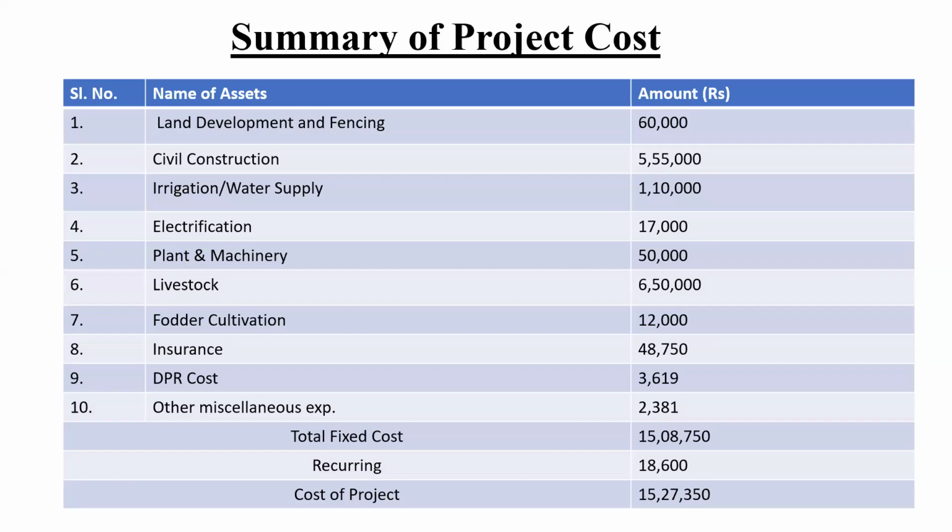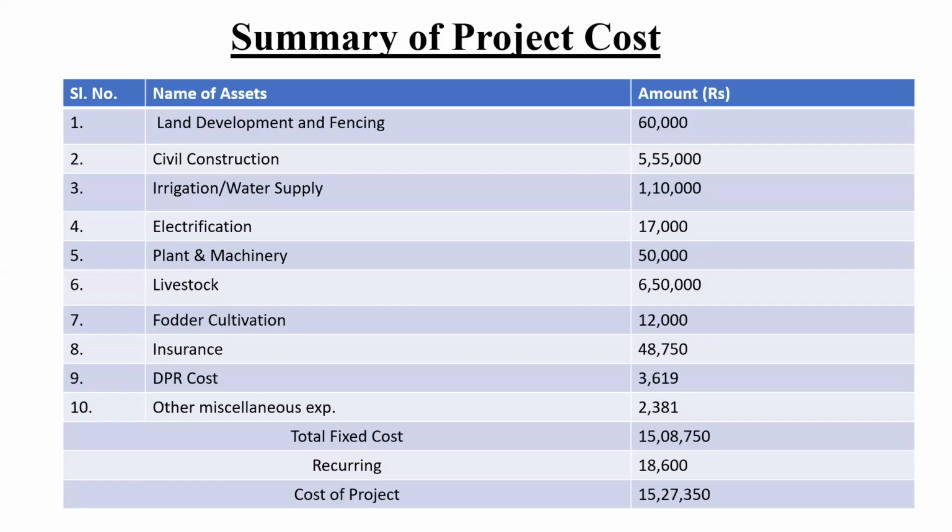The total cost of the project is an approximate amount to set up a dairy unit. It requires around 15,27,350 rupees to set up a dairy unit of 10 cows. The major factors involved: land development, fencing and civil construction require around 5 lakhs.